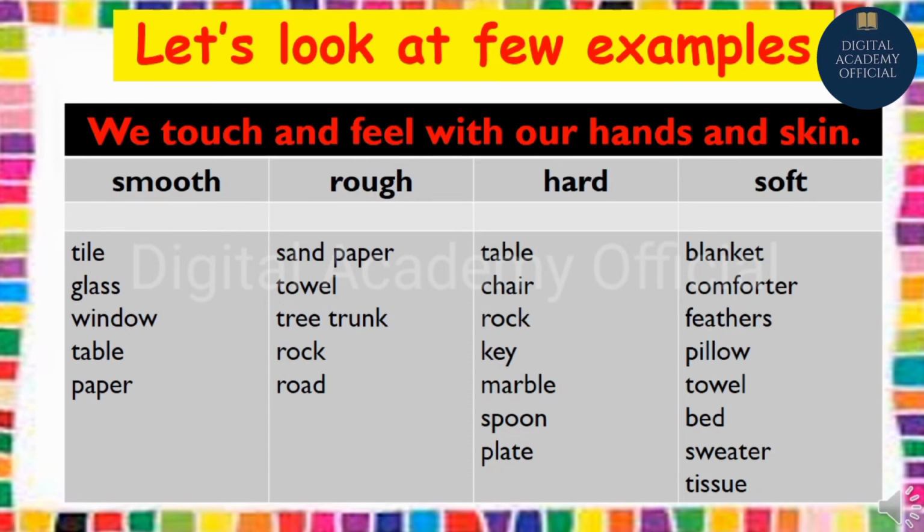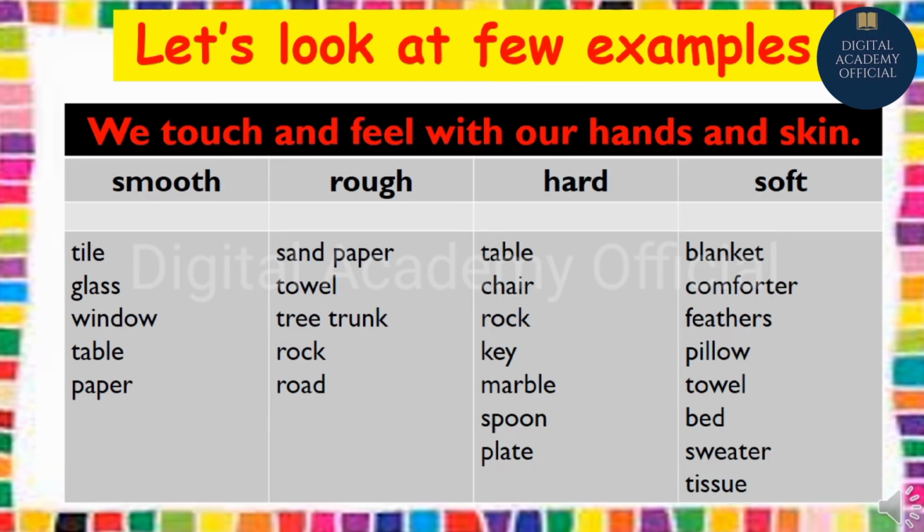Dear students, can we touch and feel with our hands only? No, we can touch and feel with all of our skin all over our body and know whether a surface or a material is smooth, rough, hard, or soft. So here on screen you can see 4 columns.